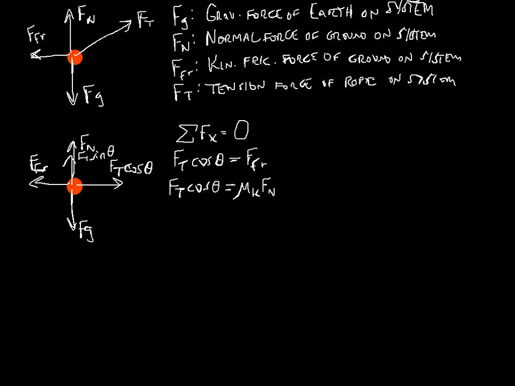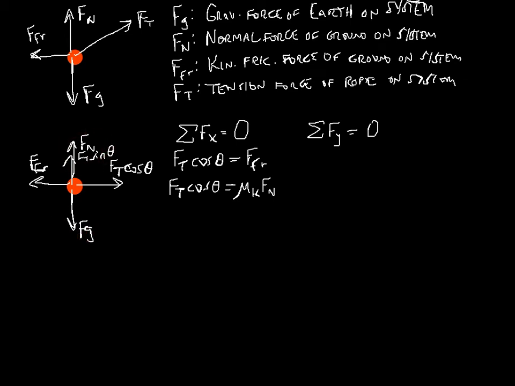The way to find the normal force, since that's in the y direction, is to do the sum of the forces in the y direction. And that's equal to 0, since the sled is not moving in the y direction, so there's no acceleration in that direction. When the sum of the forces is 0, you just set the upward forces equal to the downward forces.